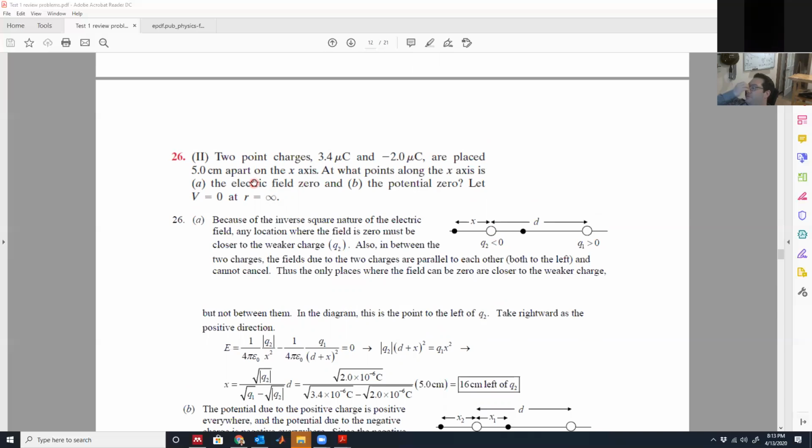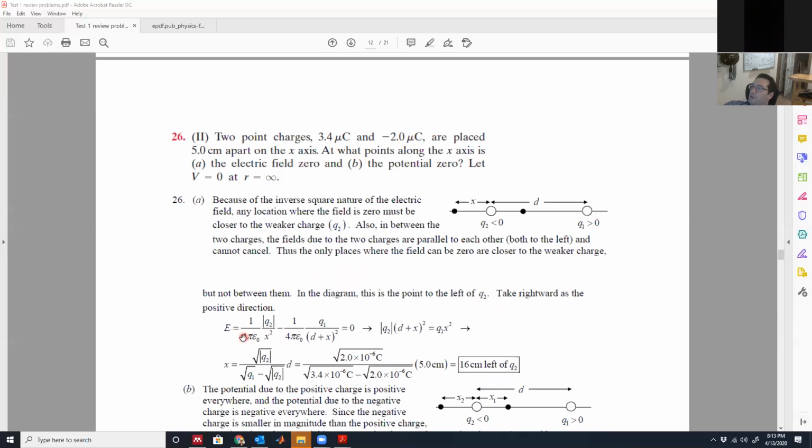So first, let's find where the electric field is 0. For this, we'll use the equations for the electric field of point charges. So this one is the electric field due to point charge 2, which is right over here, and that has a negative charge, right?